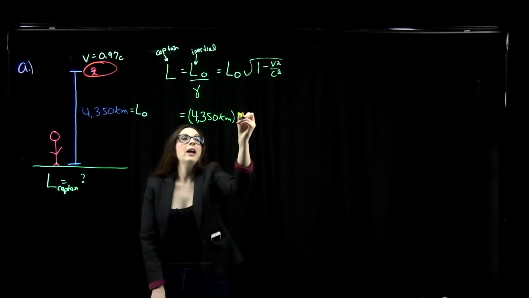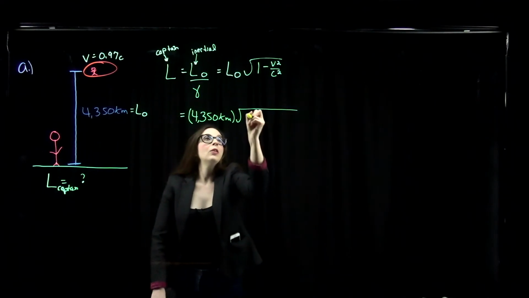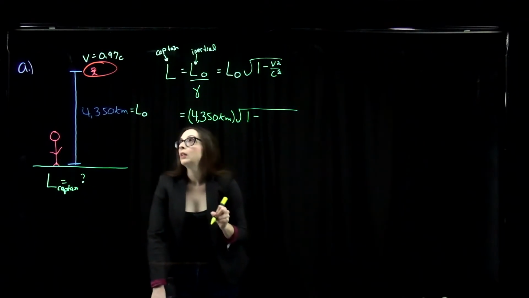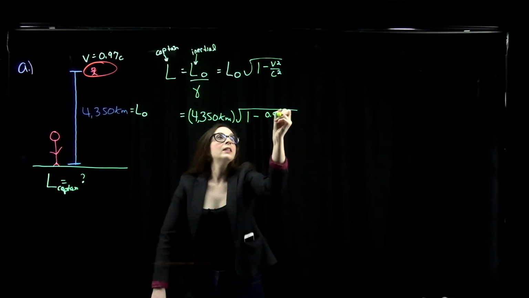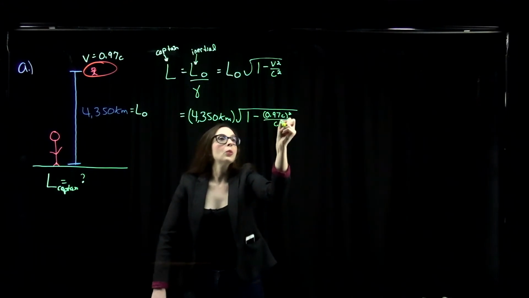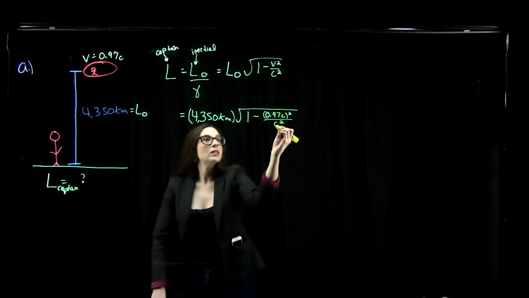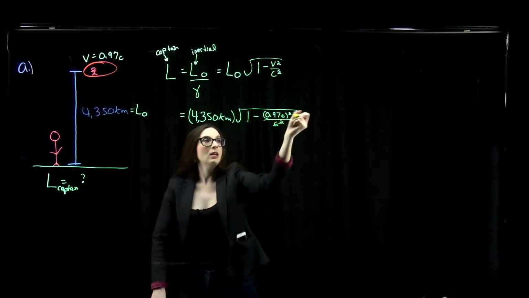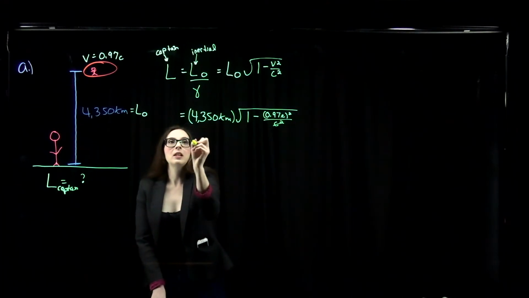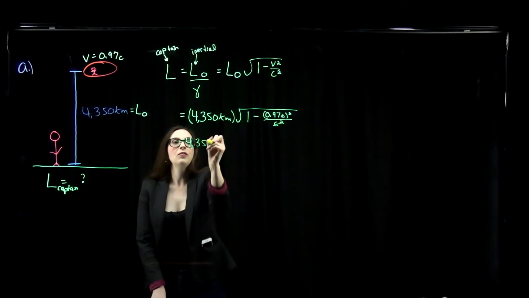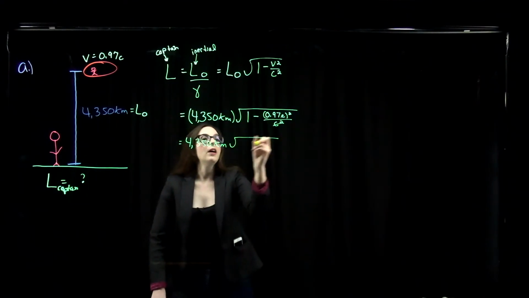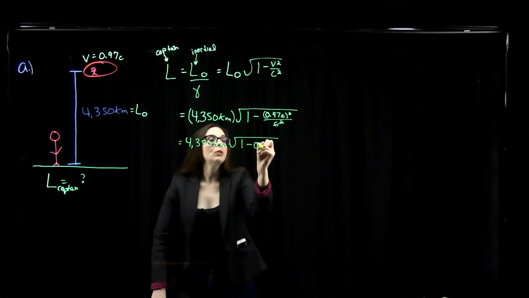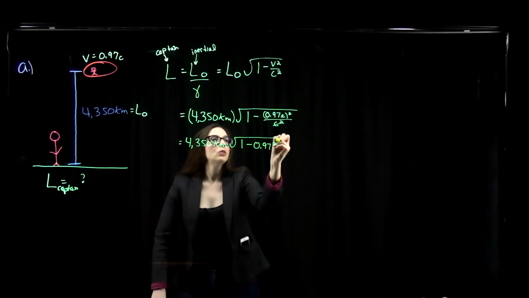And we're going to multiply it by the square root of 1 minus the velocity of the spaceship, 0.97 c, squared, all over c squared. Okay, so this c squared is going to cancel with this c, which will be squared. So this is equal to 4,350 kilometers times the square root of 1 minus 0.97 squared.